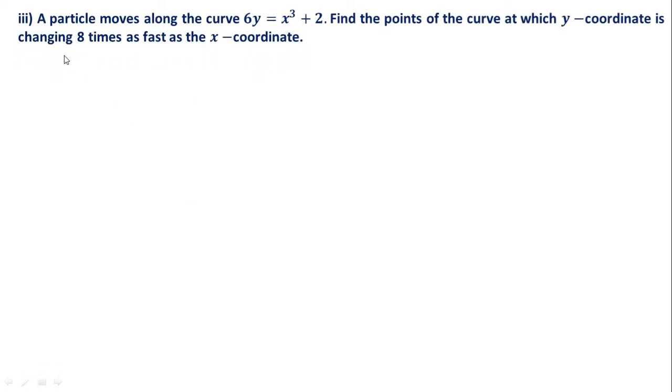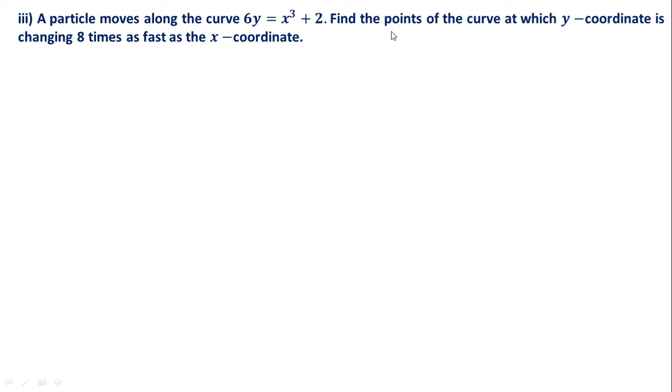Now let us solve the third one. See here, a particle moves along the curve. The equation of the curve is given to you, 6y is equal to x cube plus 2.